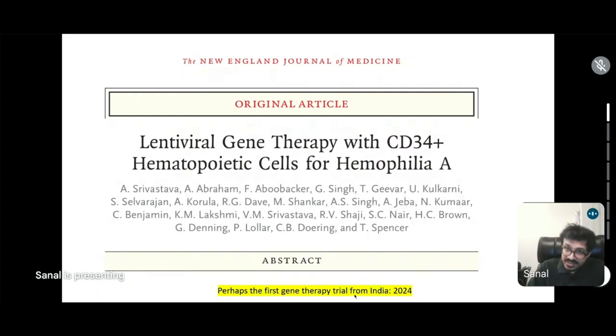But what was the problem with this trial? The first problem was that you have to myeloablate the patient. Why? Because you are collecting the CD34 positive stem cells from the patient's blood, and these isolated cells are grown in culture. Then you are using a lentivirus to transduce them with a correct copy of factor 8.